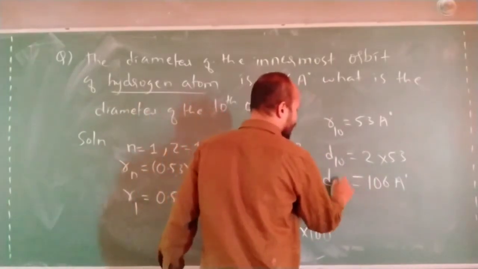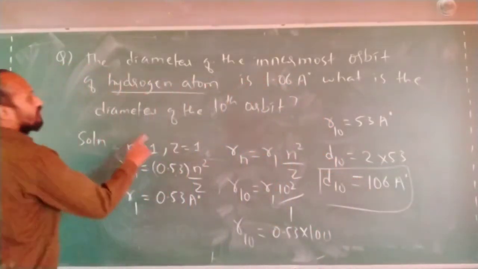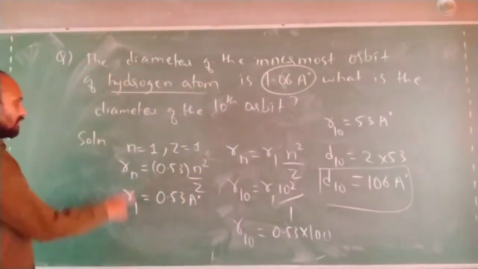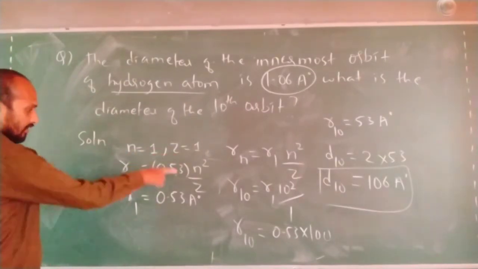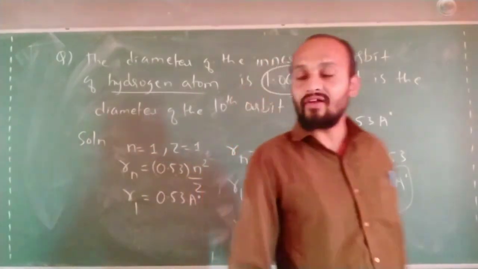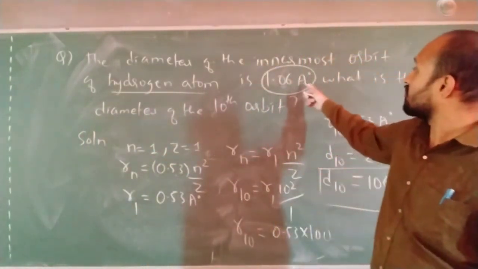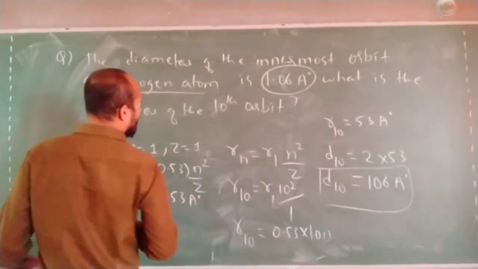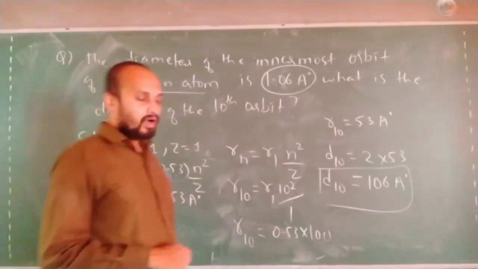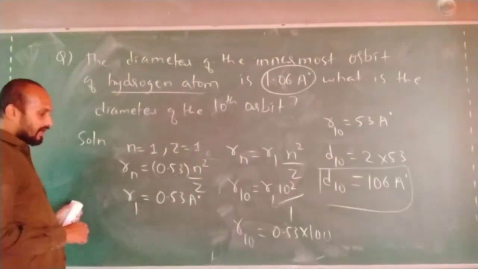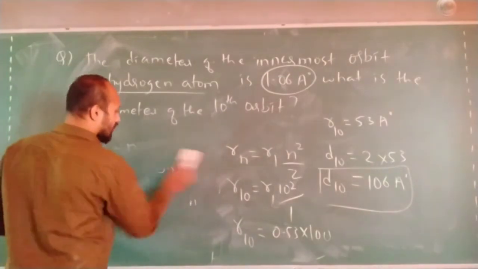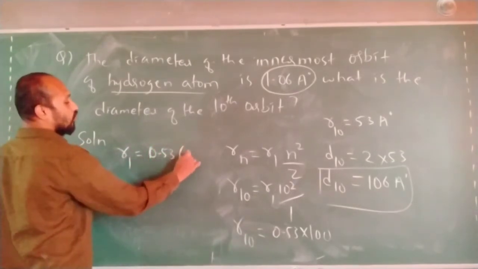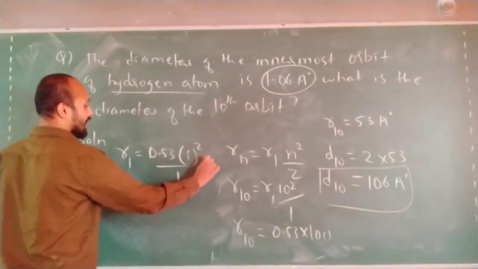Here one thing you might have observed: I have calculated without using the given value. Correct? n is equal to 1, Z is equal to 1, I know this formula, that fast. Even if the values are not given, you can calculate. He has given 1.06 angstrom, but I calculated without using that value. With using that value, how to calculate? R1 is equal to 0.53 into 1 square divided by 1 angstrom.